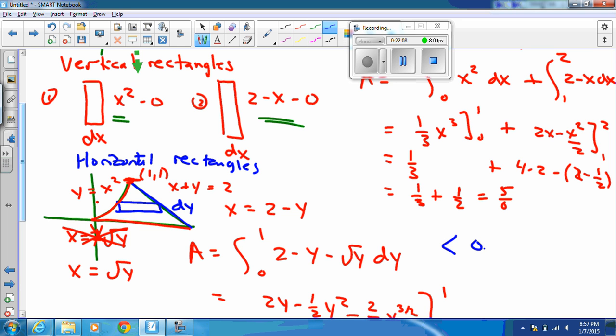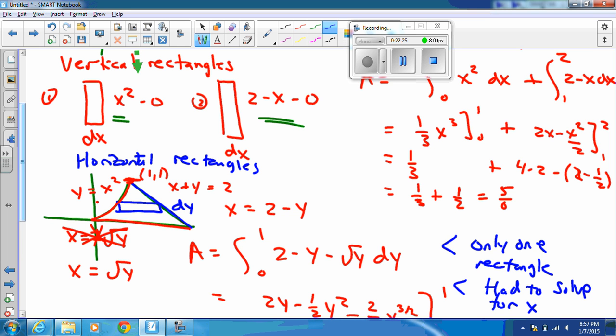But the horizontal rectangles had the advantage of needing only one rectangle, but at the cost of having to solve for x in terms of y.